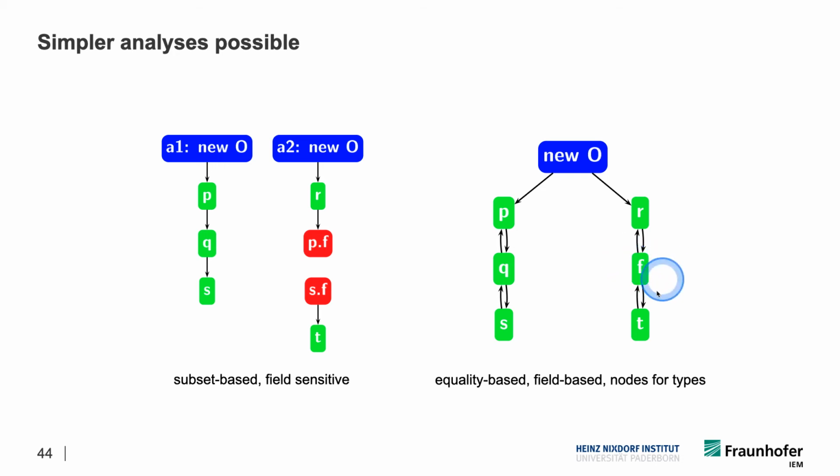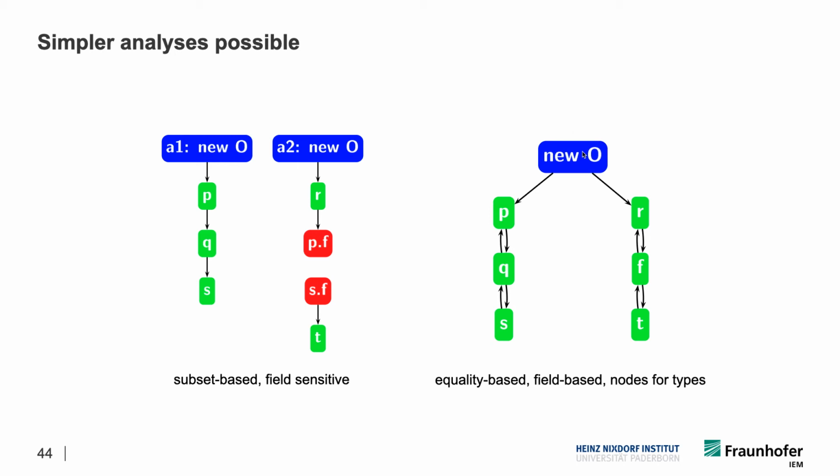Also here, we chose an option that is called nodes for types. So instead of using single allocation nodes, where we distinguish different objects of type O, we are now using a single node for all objects of type O. Okay, so this is not the declared type, but a single node for all allocated objects that, at their time of allocation, are O objects.